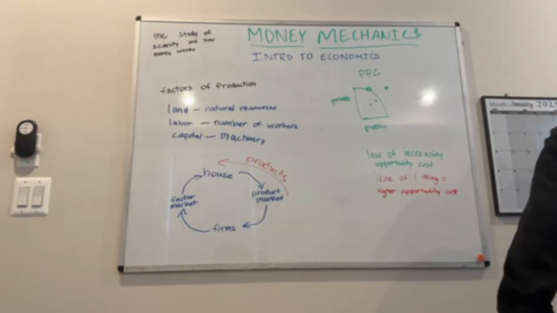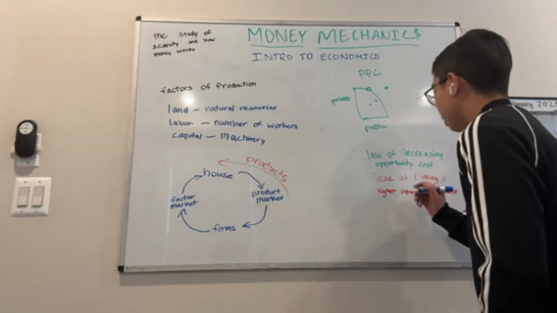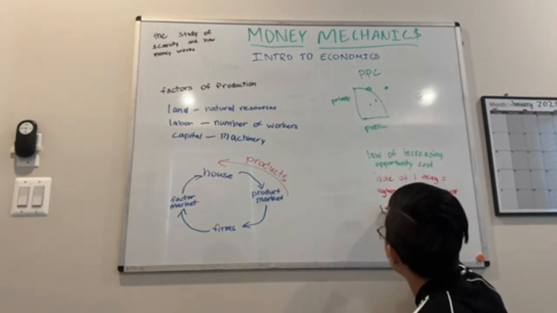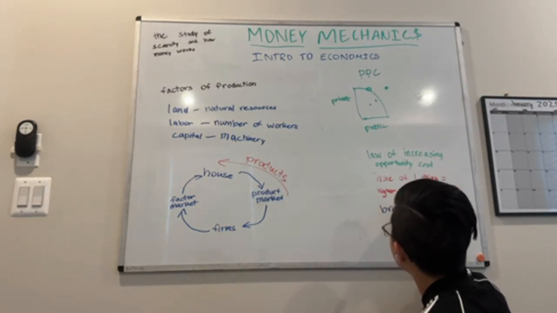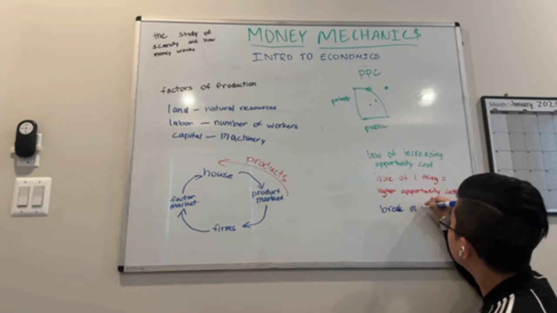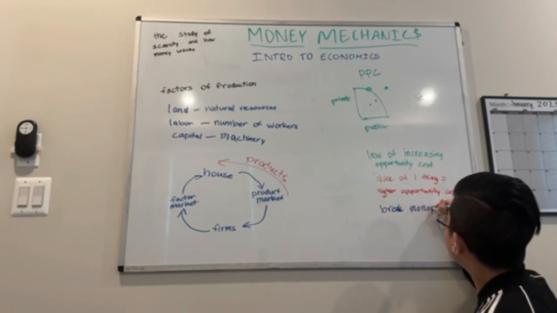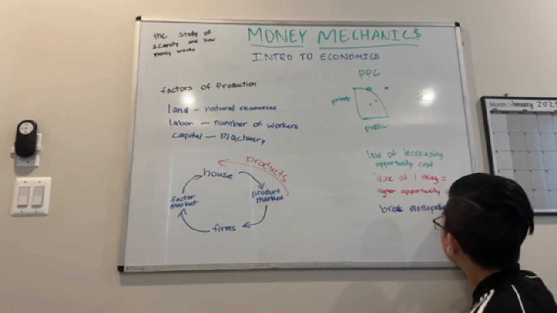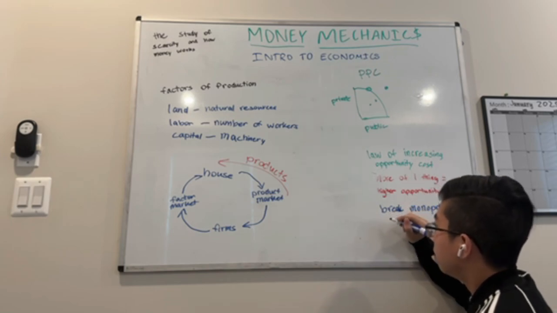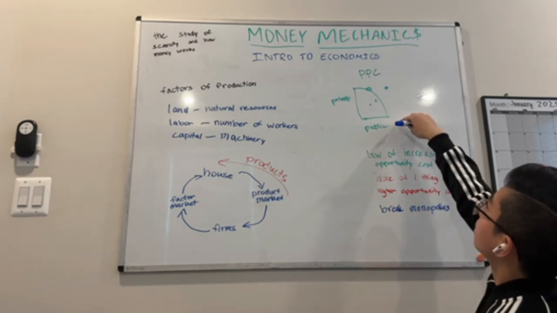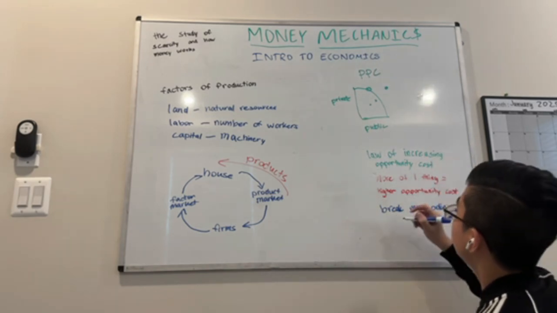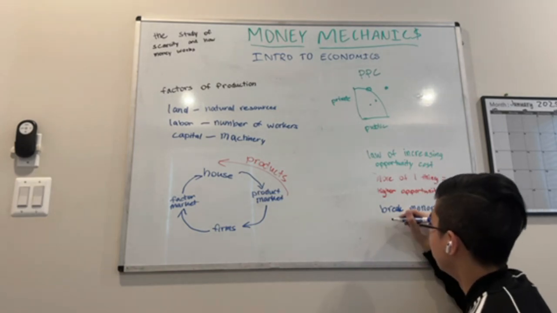The government has a role in a capitalist economy, and that is to break monopolies and create public goods, such as this side of the PPC, such as roads and schools.